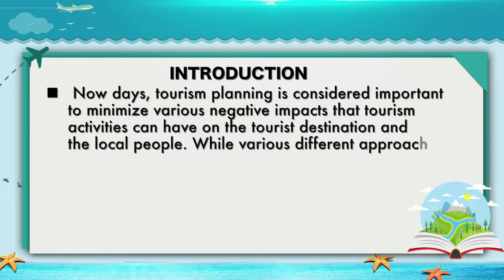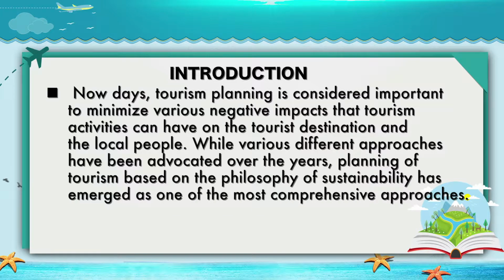Nowadays, tourism planning is considered important to minimize various negative impacts that tourism activities can have on the tourist destination and the local people. While various different approaches have been advocated over the years, planning of tourism based on the philosophy of sustainability has emerged as one of the most comprehensive approaches.